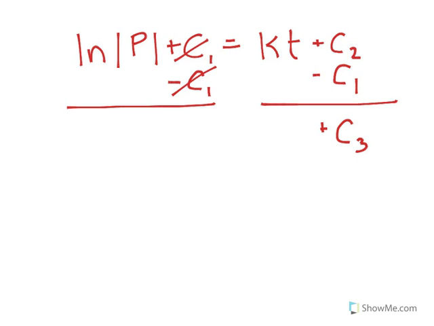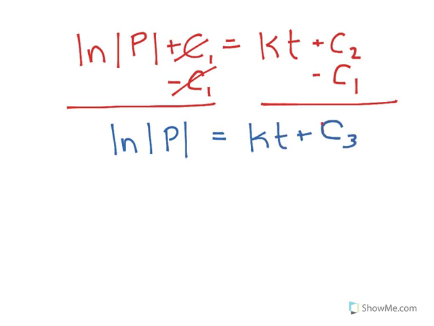The sign can change on the inside, whatever I want it to be. So now what I have is ln of the absolute value of P is equal to kt plus C3, meaning it's some other constant. It's not necessarily the first one, it's not necessarily the second one, but it might be some other number.